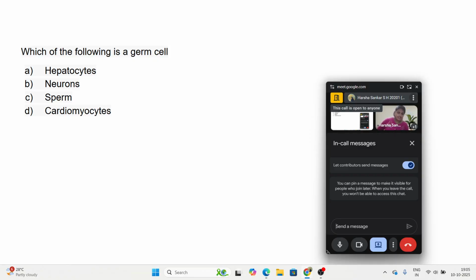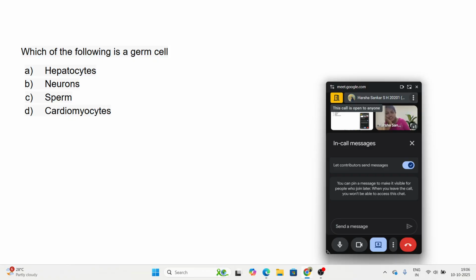So what is the correct answer? Okay, that is the correct answer. Sperm is the germ cell, right? Gonads are ovaries in females and testis in males.